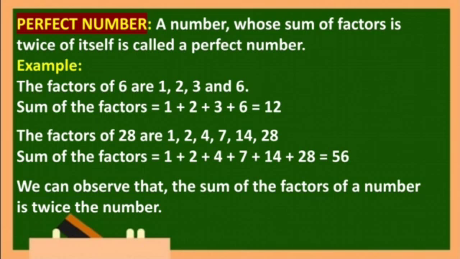That is, 28 into 2 is equal to 56. We can observe that the sum of the factors of the number is twice the number. Therefore, 28 is a perfect number.